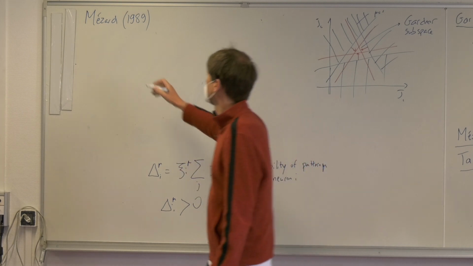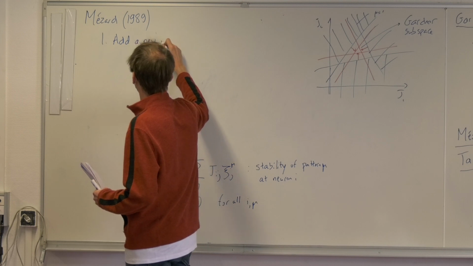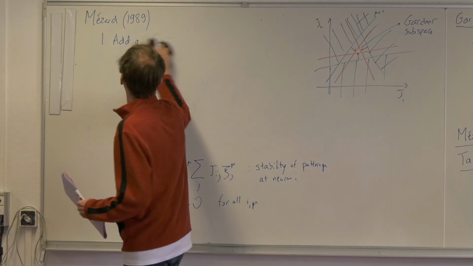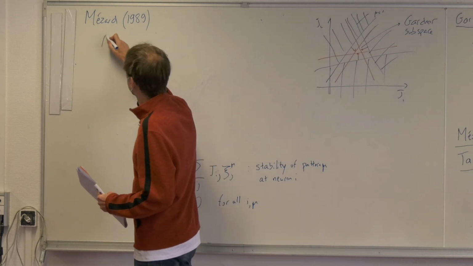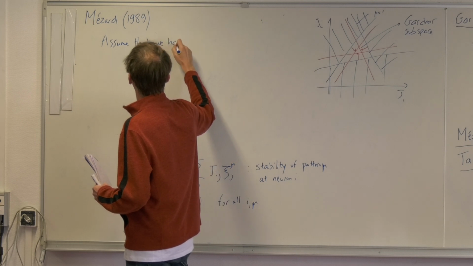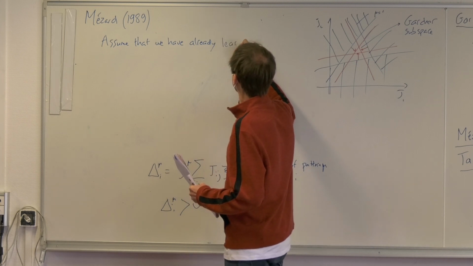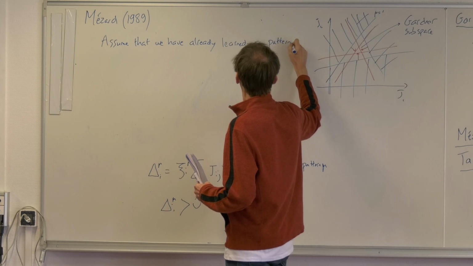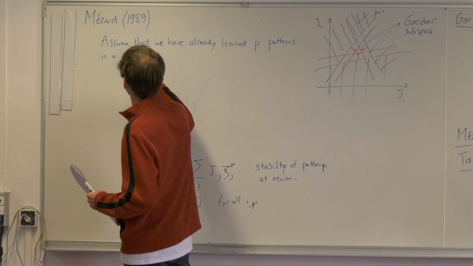The first step is that we'll add a new pattern. Well, let's start with the starting point. We assume that we have already learned P patterns in a network of n neurons.